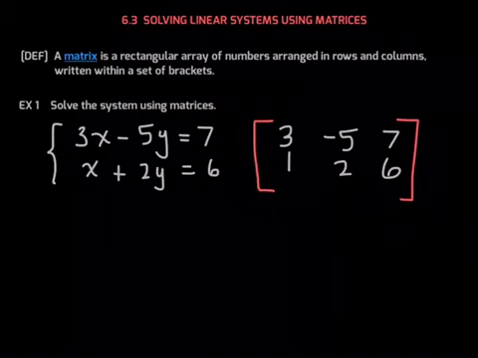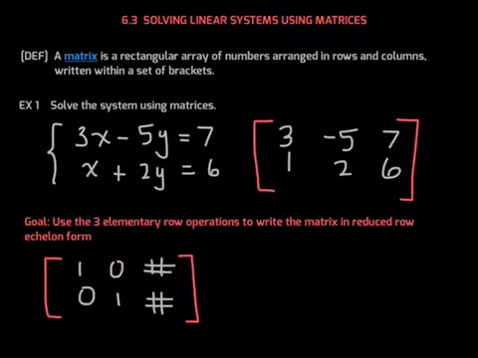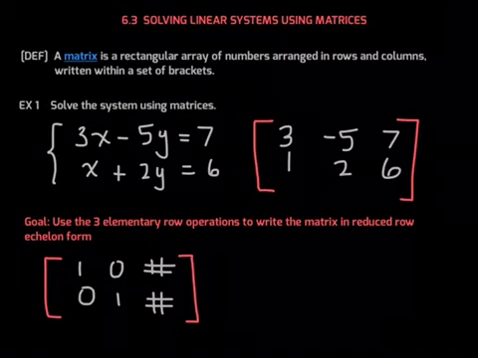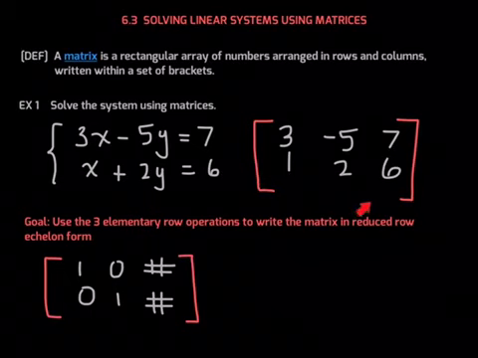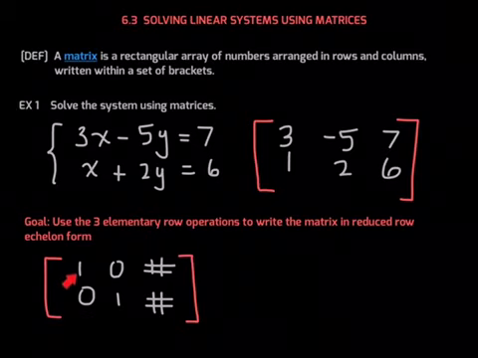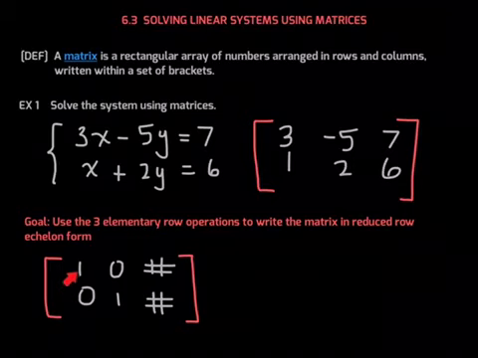Let me show you what reduced row echelon form is. Our goal is to transform this matrix to be in reduced row echelon form. This is reduced row echelon form. Notice that you have 1 as the first entry in the first row, followed by a 0. And the third entry, which is your constant, just represents any real number.